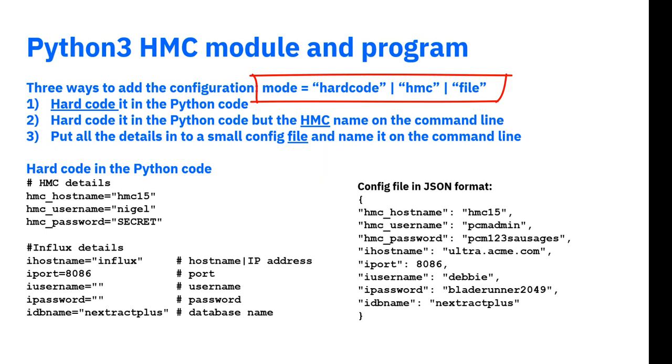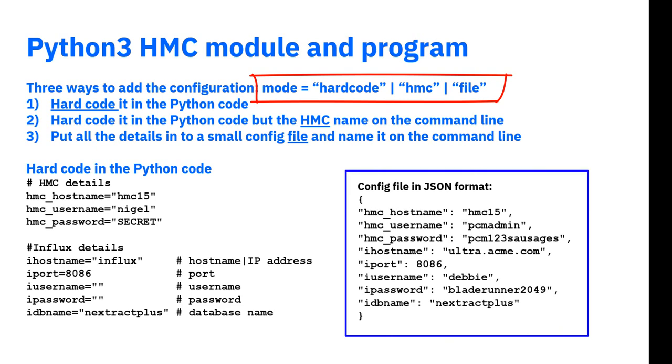If you make the mode variable called HMC, it will take the hard-coded details, but it will look on the command line for the name of the HMC. If the username and password for the HMCs are all the same, like I created an HMC user for pulling down the REST API data, that would be a smart move. Then I could just direct the script to different HMCs if the usernames and passwords are all the same.